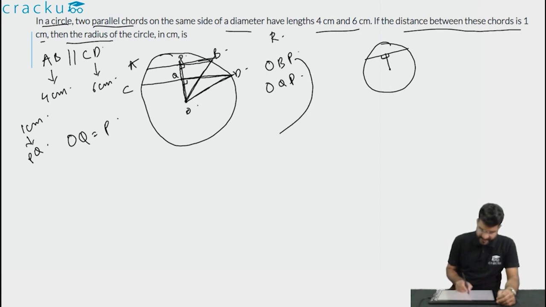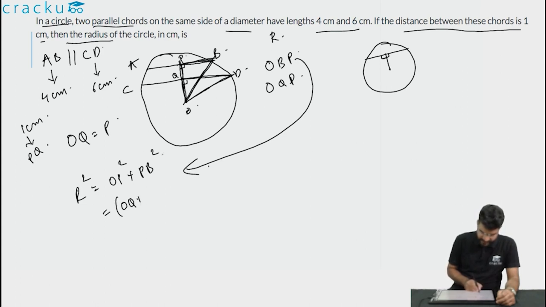Therefore, in right angle triangle OBP, R square, R is the hypotenuse, the radius is the hypotenuse, is equal to OP square plus PB square. Now OP is equal to OQ plus 1, because we already know that the length of PQ is equal to 1, so (p plus 1) whole square plus PB square.